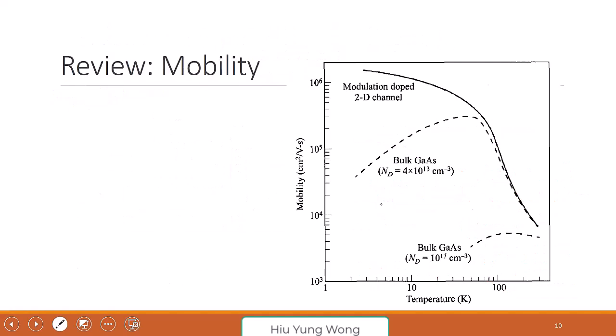Okay. Now I just want to review mobility a little bit. Just want to show you, this is temperature, this is mobility. Why do we say that the mobility is high?